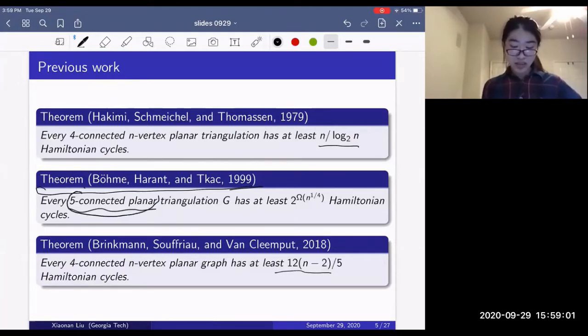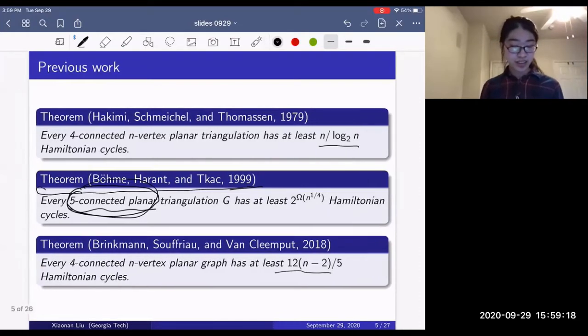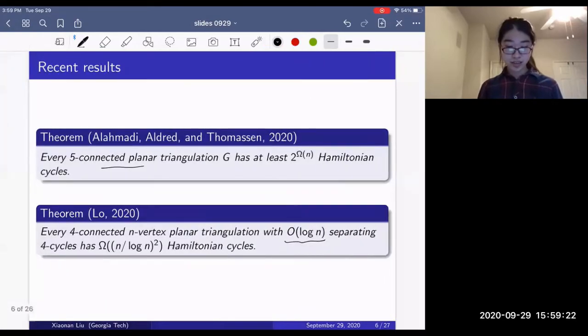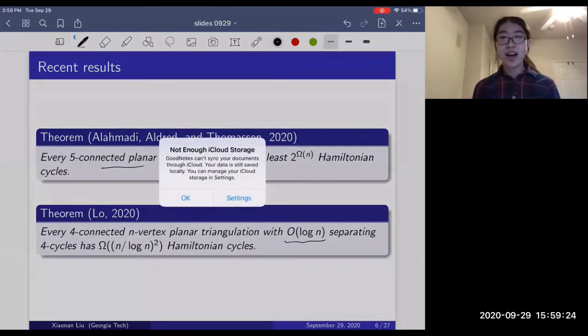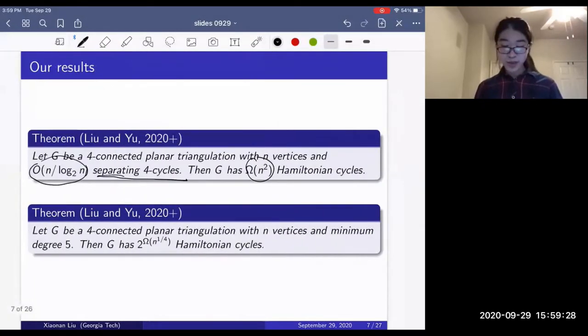We just change the condition to 4-connected with minimum degree 5. From here we know that we need to deal with a lot of separating 4-cycles for this case. Okay, so this is our recent result.